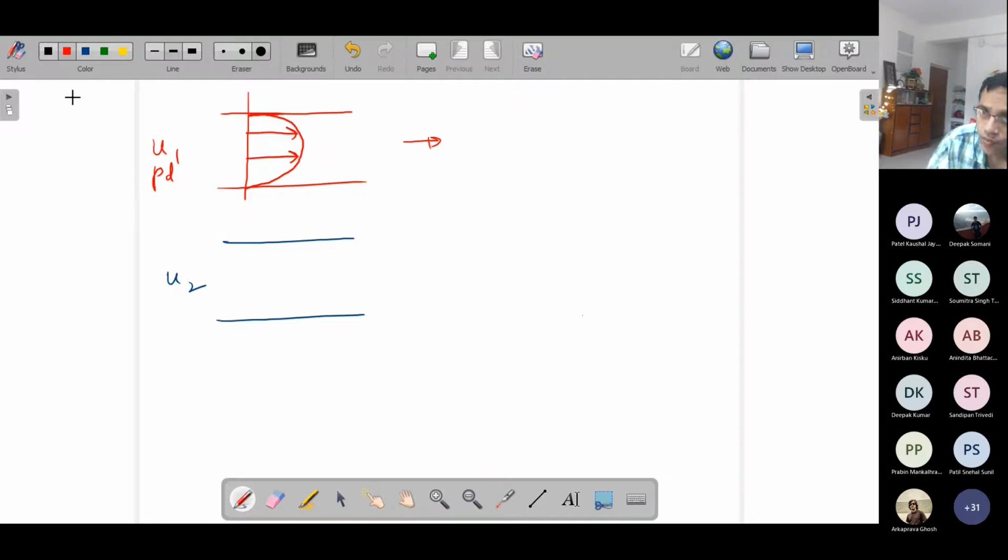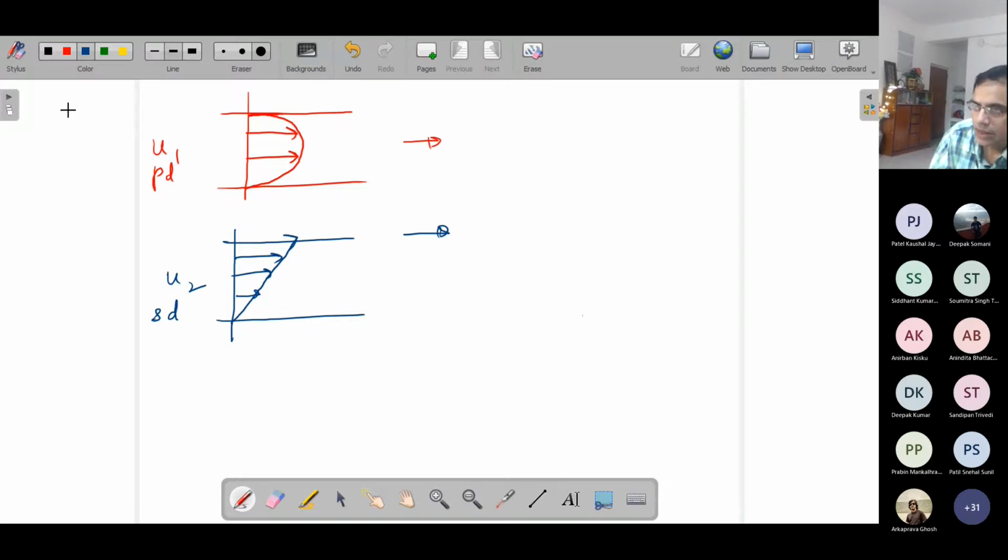And u2, if the plate is pulled, will be this. This is the most trivial case. So this is shear driven. Their addition will give some net velocity and some net flow rate.